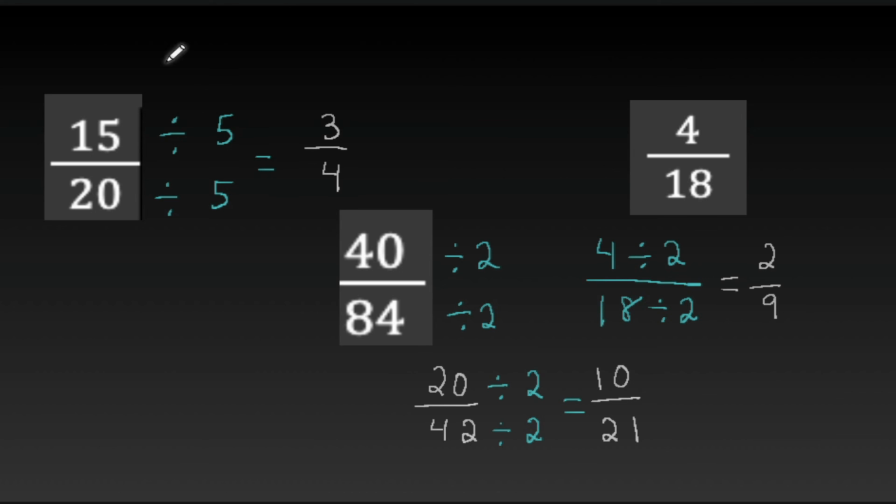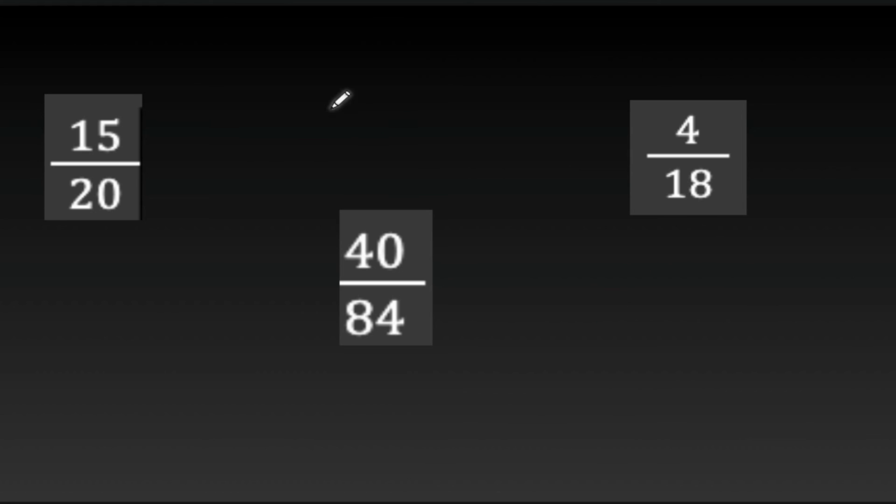Now let me just show you if you were to divide this by 4. You can actually solve this in one step by the greatest common factor of 4. So we're going to divide by 4 in the numerator and denominator.